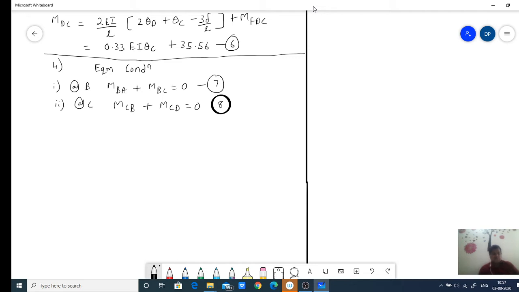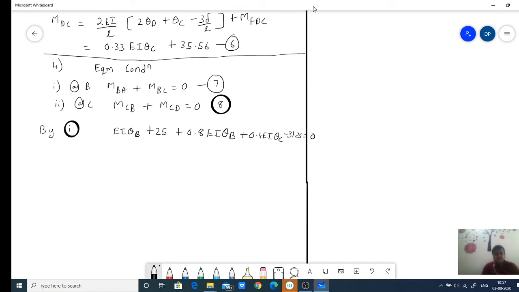So with respect to 1, if I am doing it, this turns out to be what? How to formulate that? This will be EI theta B plus 25 plus 0.8 EI theta B plus 0.4 EI theta C minus 31.25.